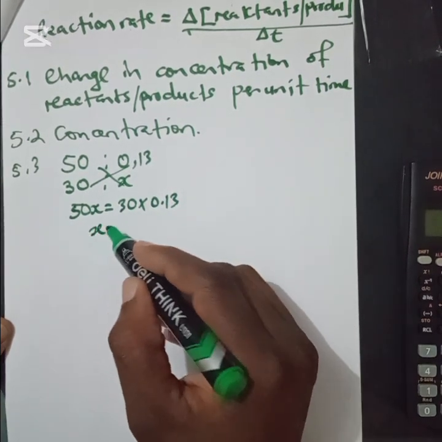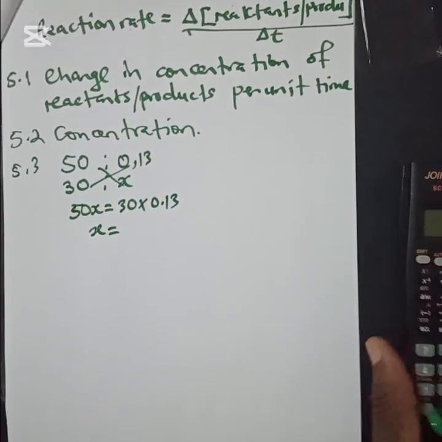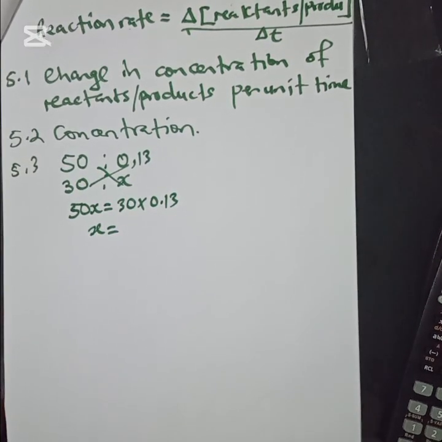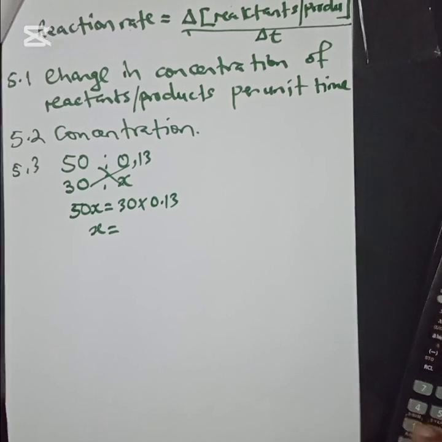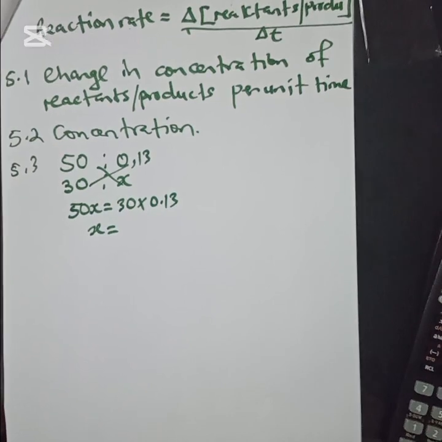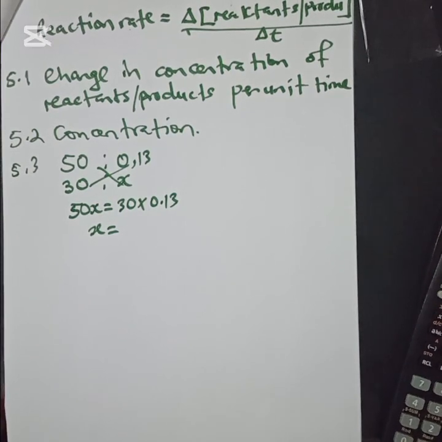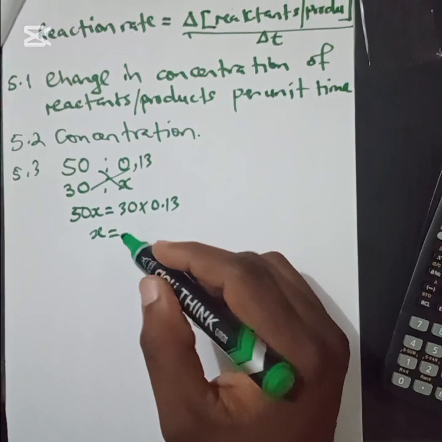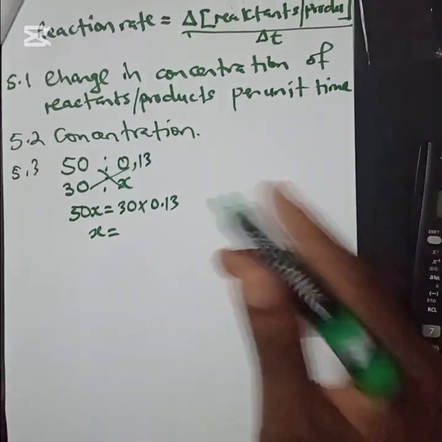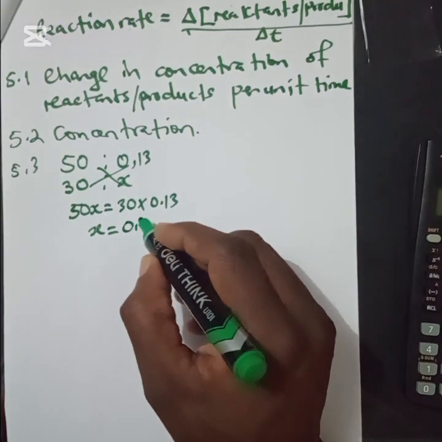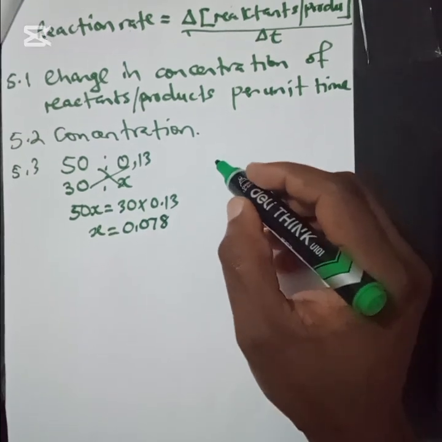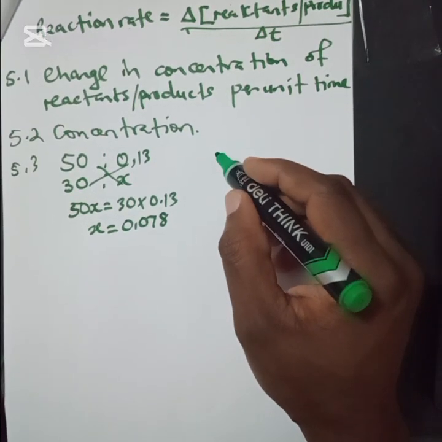Our x will be, we divide both sides by 50, 30 times 0.13 divided by 50. Right, I'm getting on my calculator here: 0.078. Okay, alternatively we can use the dilution formula.